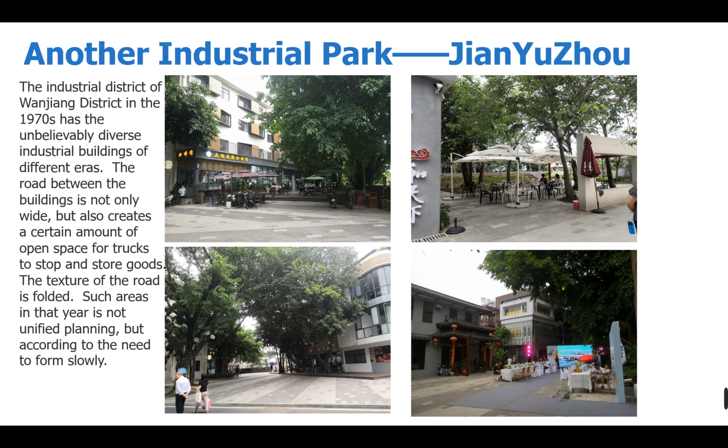The road between the buildings is not only wide, but also creates a certain open space for trucks to store goods. The texture of the road is flawed. Such areas were not planned in a unified way, but were gradually formed as needed.